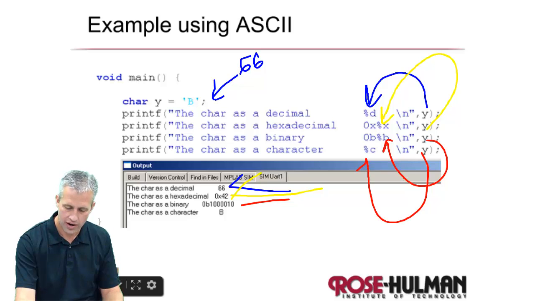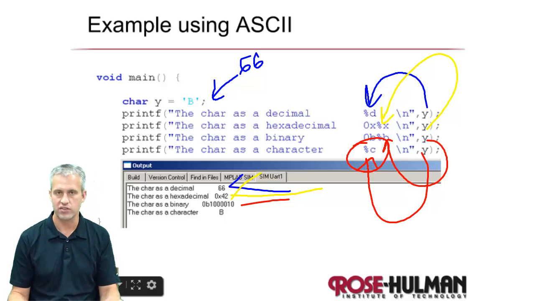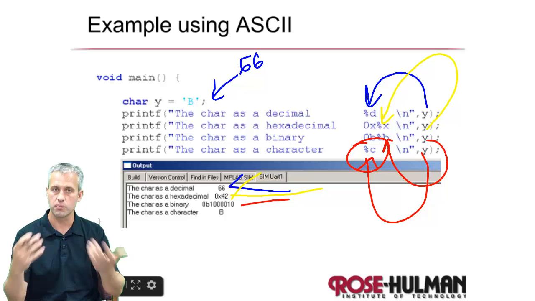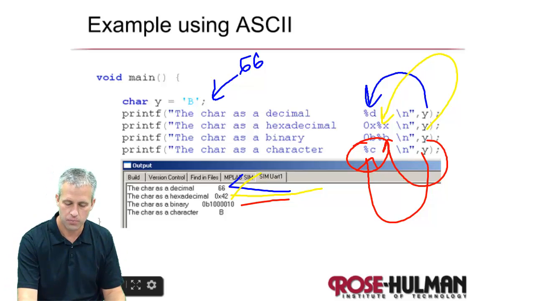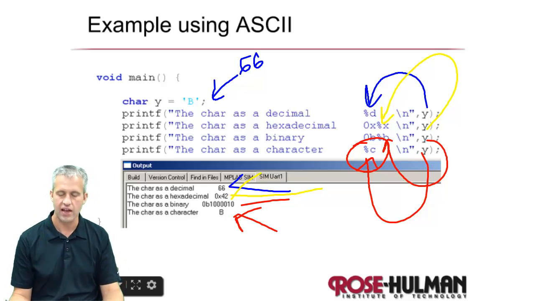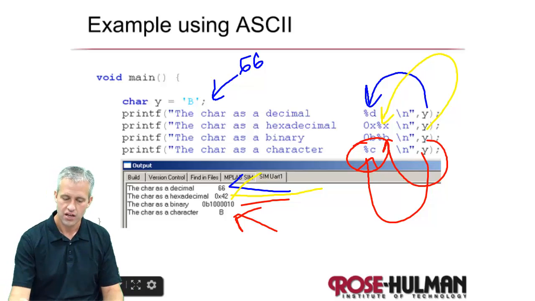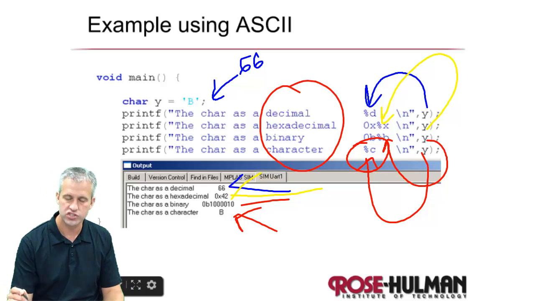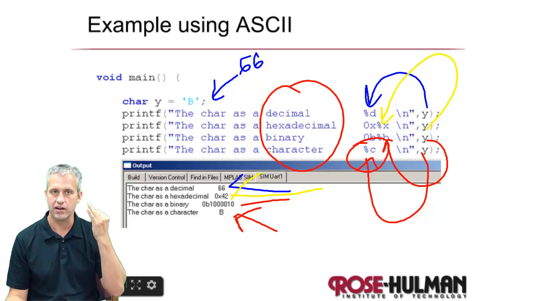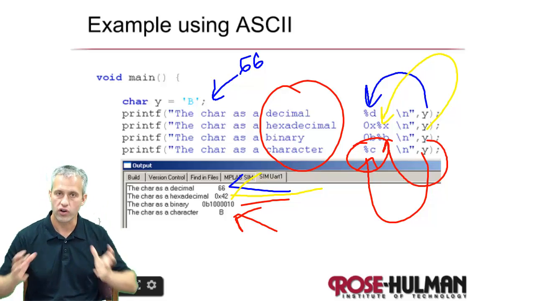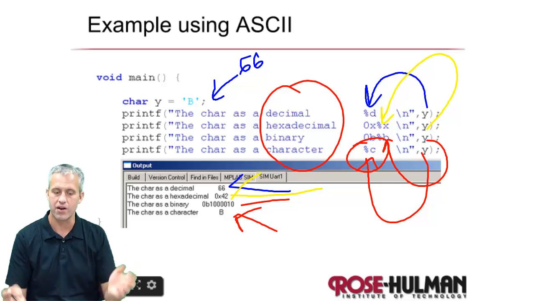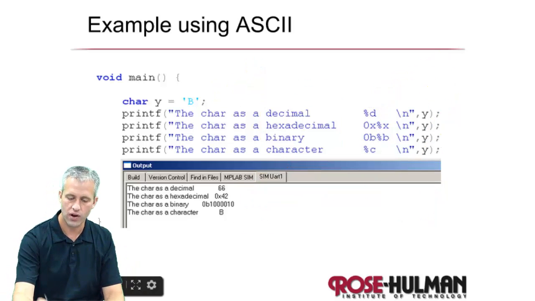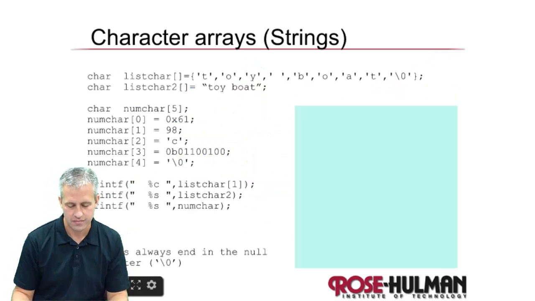And if you wanted to print it out in ASCII, that's a %c. So if you wanted to display something in ASCII, you say %c, and it'll show you what the ASCII character is, which is B. So it doesn't matter which system you use, decimal, binary, hexadecimal, or ASCII, they all get stored as ones and zeros no matter what. They're just different ways of saying the same thing.